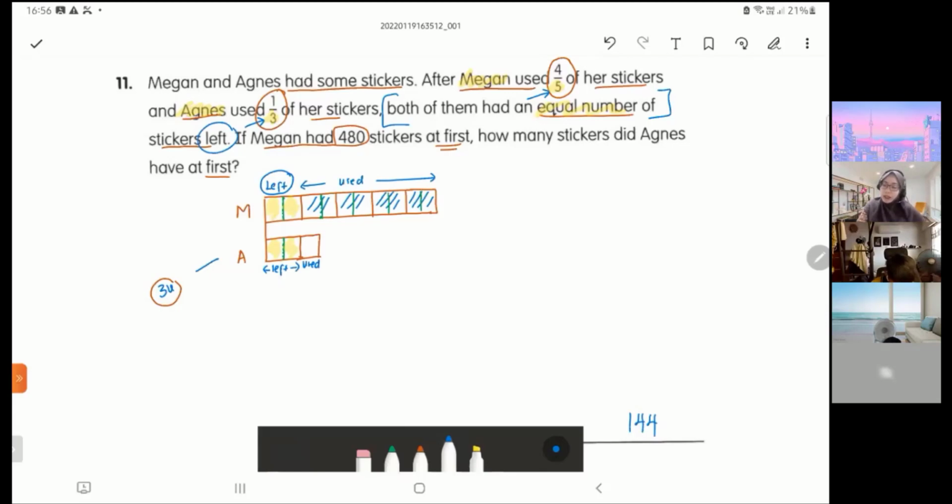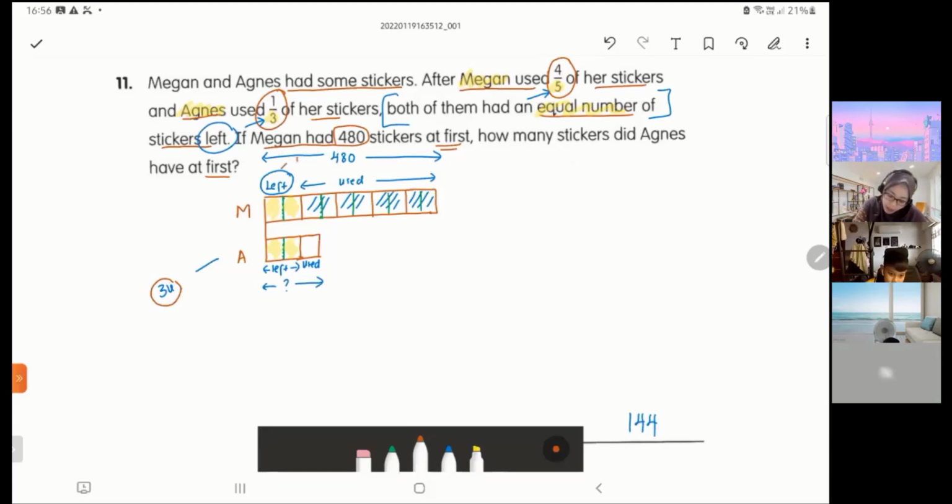If Megan had 480 stickers at first, so Megan has all of this, 480. How many stickers did Agnes have at first? I want to know this one. So let's find out the leftover for Megan. If Megan used 4/5, the leftover will be 1/5, right?